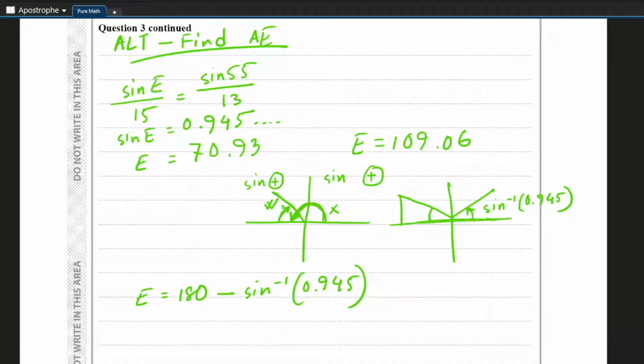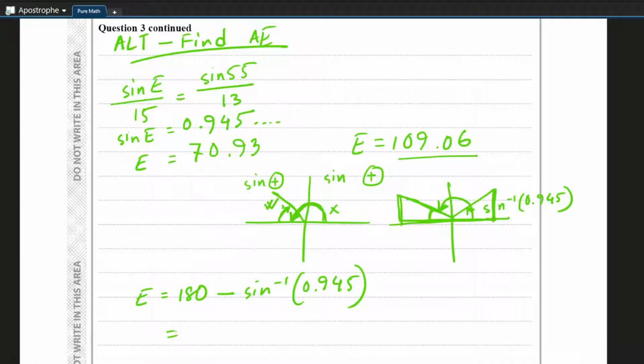We have the same triangle. This triangle is the reflection of that triangle. So that means this angle is basically this whole angle. Why whole? Because we count the angle from the positive side of the x-axis. So this 109.06 is coming from there.